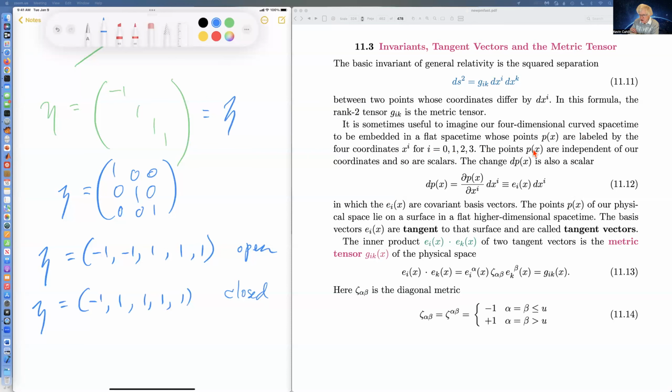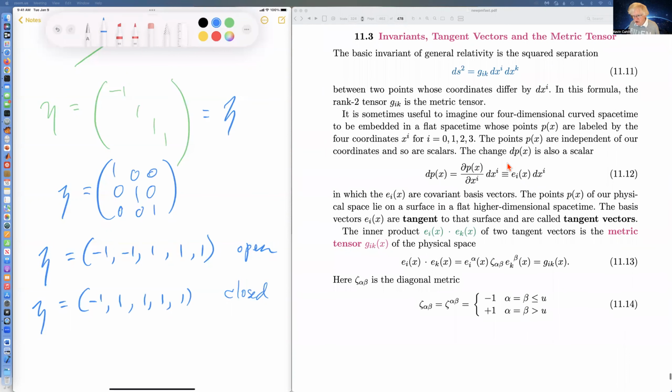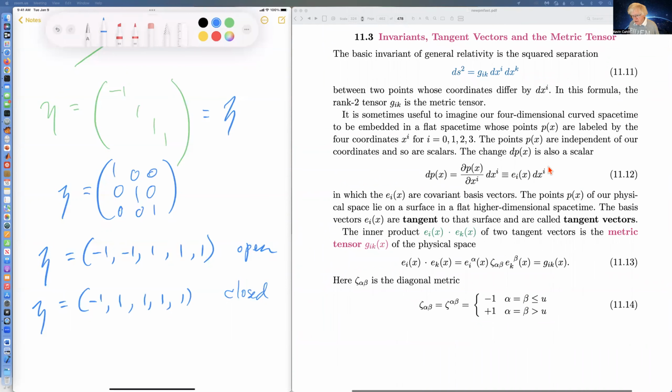And the change in the points, not when we change our coordinate systems, but at different points, the separation between a point labeled x and a point labeled x plus dx is given by this sum of the partial derivatives with respect to each of the 4 coordinates times the change in each coordinate. And this coefficient here then is a covariant vector, this being a contravariant vector and this being a scalar.